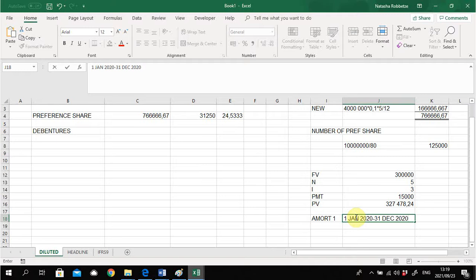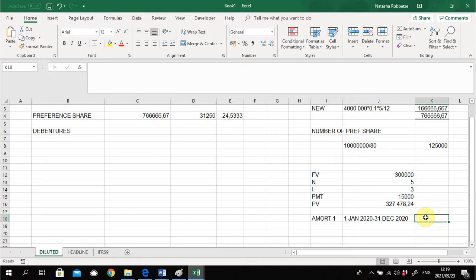So please remember that the debentures and the amort of the debentures will always run with the issue date of the debentures and not necessarily the year end of the company under review. So if I look at amort 1, it falls perfectly within our financial year, luckily, but if it didn't, we would have to adjust it by the number of months that did fall within our financial year.